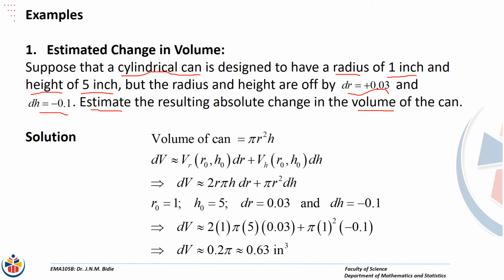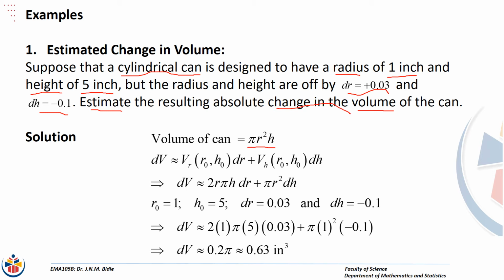What is the real resulting absolute change you've caused in the volume of the can by making those small errors in measurements? So the first thing we do here, we need to figure out the volume of the can, because that's what they are talking about. They are talking about a change in volume.